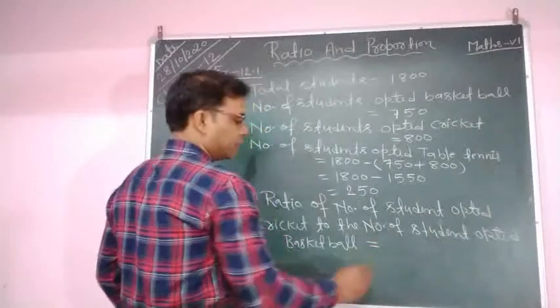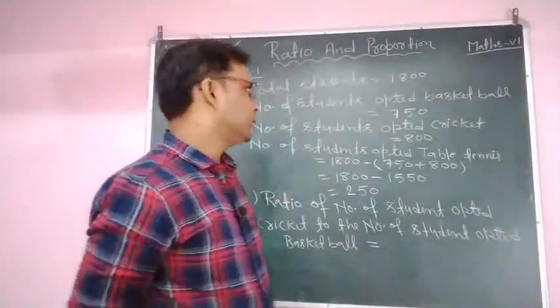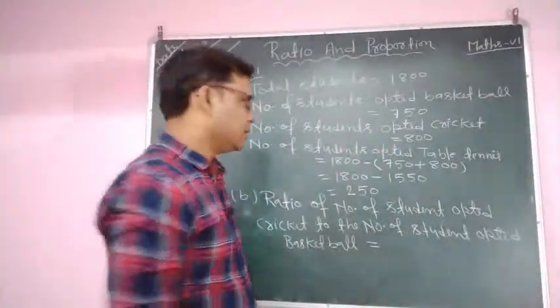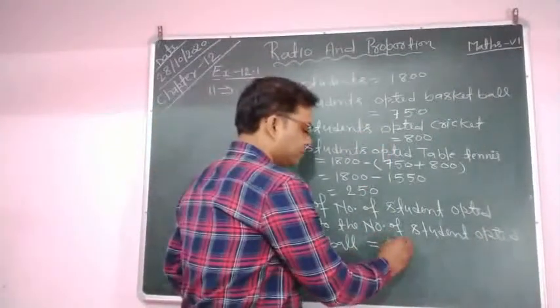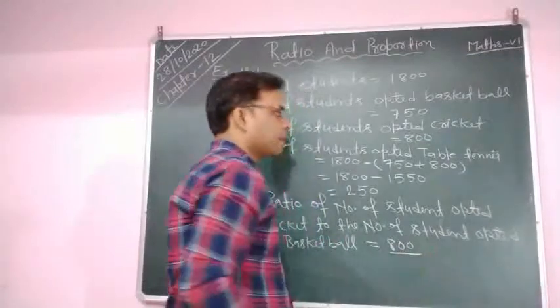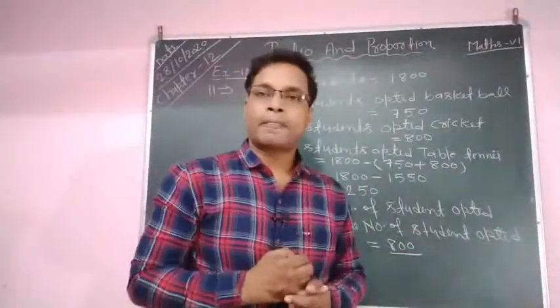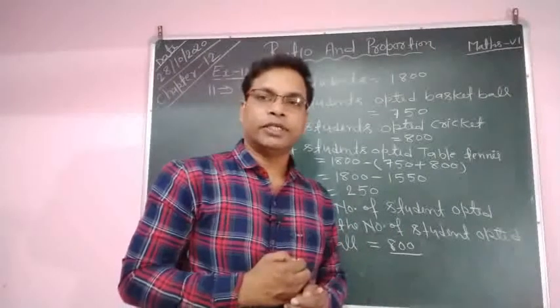This is equal to what? It is given that the number of students who like cricket is 800. So you write here 800, divided by the number of students who opted for basketball, which is 750.